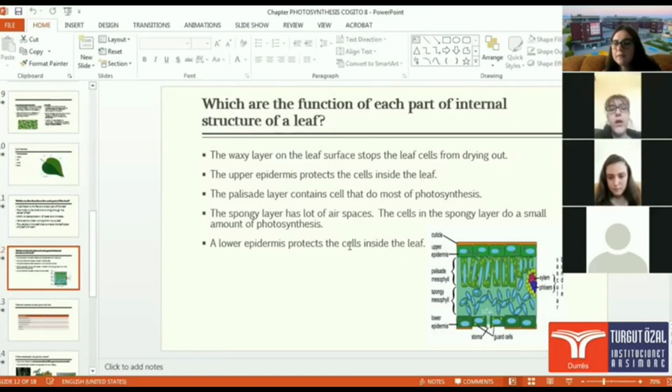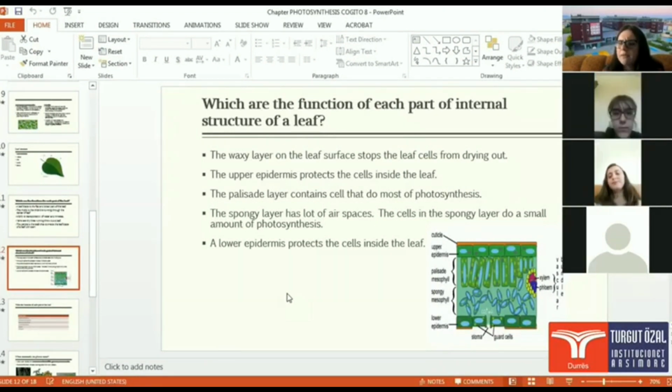Palisade mesophyll has a bigger amount of chloroplasts, thus produces more oxygen and glucose. So more photosynthesis happens in the palisade layer because we have more chloroplasts. Very good. The spongy layer, Gentiana? The spongy layer has lots of air spaces, and they do a small amount of photosynthesis. And the lower epidermis is again to protect the cells inside the leaf.